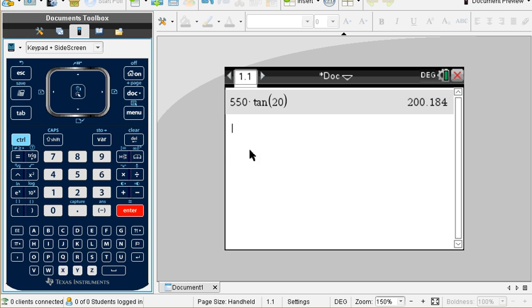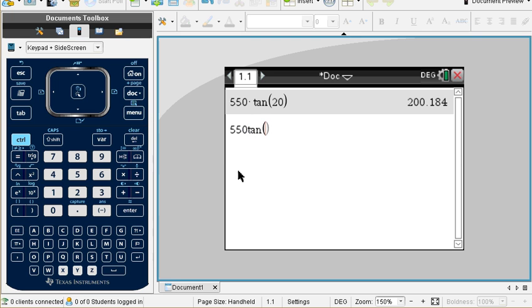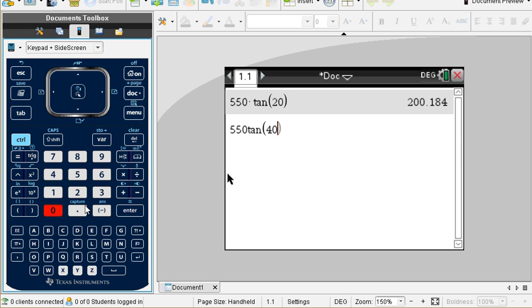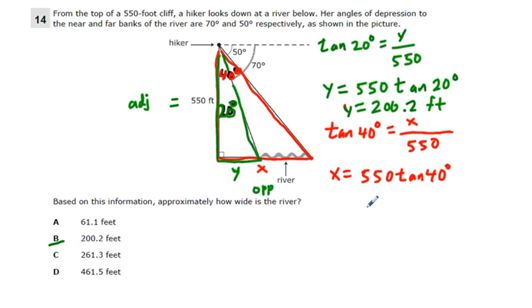We want 550 tangent 40 degrees. And for that we get 461.5 feet.